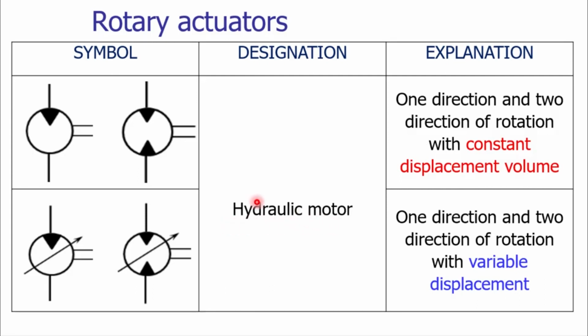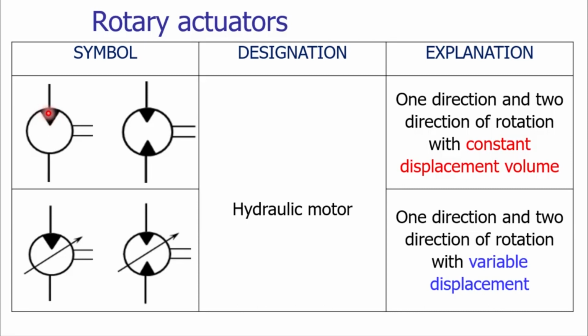The hydraulic motor is also represented by a circle. It also has a triangle, but the orientation of the triangle is exactly opposite to the orientation of the triangle that we have seen for the hydraulic pump.